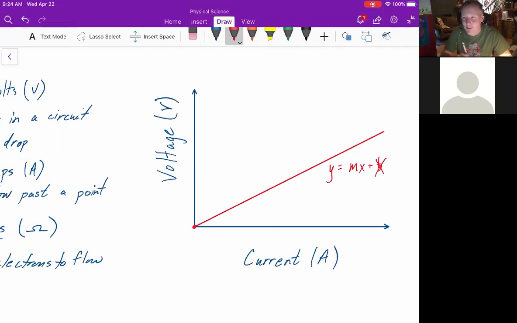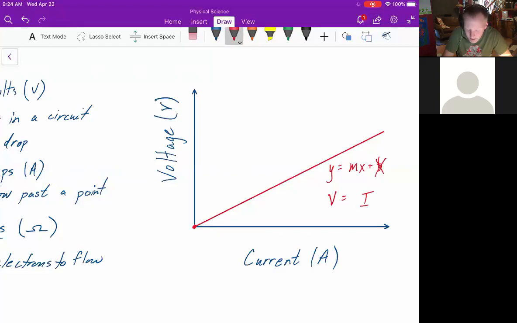And then we wanted to put in values from our graph rather than y and m and x, which have generic meaning in math, but not really meaning in this context. So our y here was our voltage. So instead of y, I'm going to write the symbol for voltage, capital V. Our x variable down below was the current. And remember, current is abbreviated as capital I. And then we had some number.